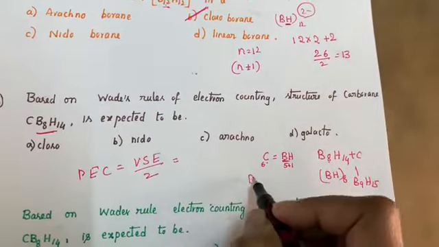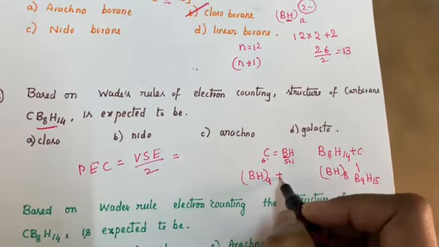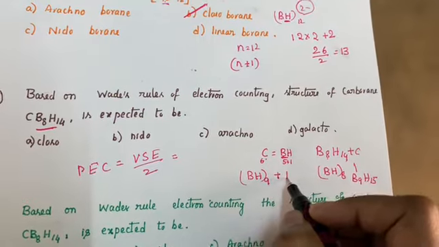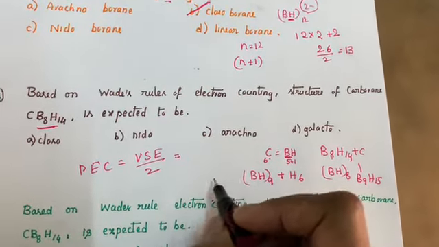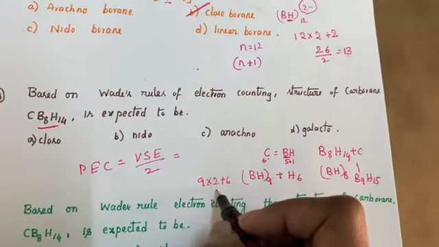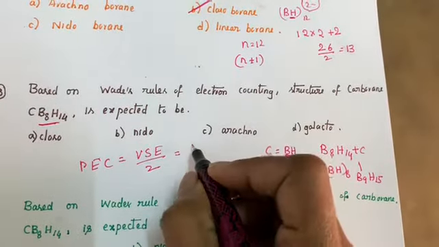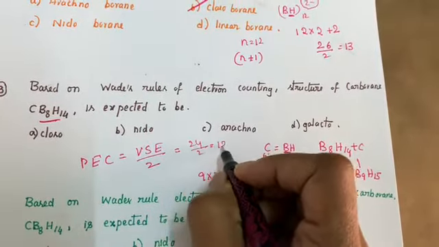In that case you can write (BH)9 plus the extra hydrogens, 6 hydrogens. So total 9 multiplied by 2, plus 6. So 18 plus 6, so 24. So 24 upon 2 is equal to 12.